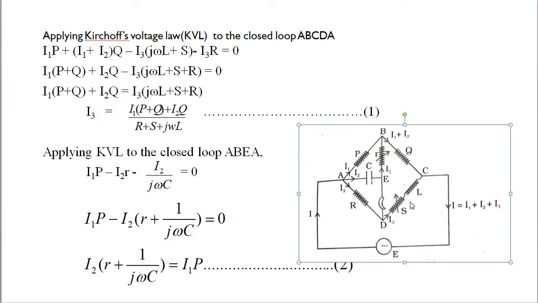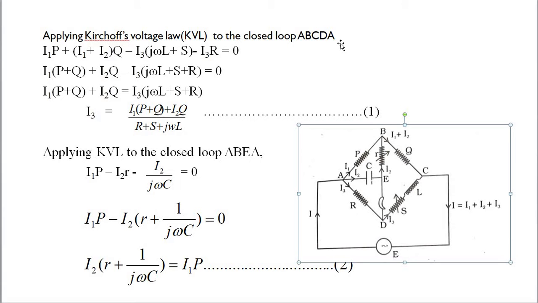So plus I3 into S, and this is a reactance, an inductive reactance. So this will offer an inductive reactance equal to j omega L. So j omega L into I3, and here also plus I3 into R is equal to 0.